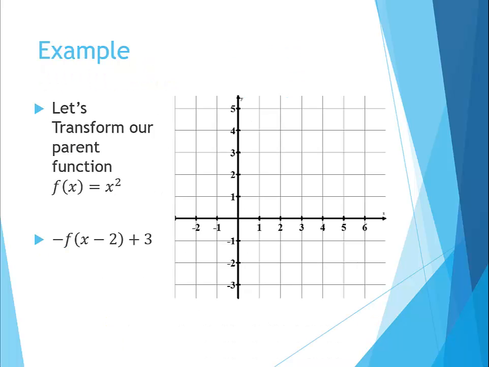And then here's our only example. We have our f of x equals x squared, which we're going to graph, and then we have negative f of x minus 2, plus 3. So let's go ahead and label this right here. The negative on the outside means flipped across the x-axis, look at your notes.